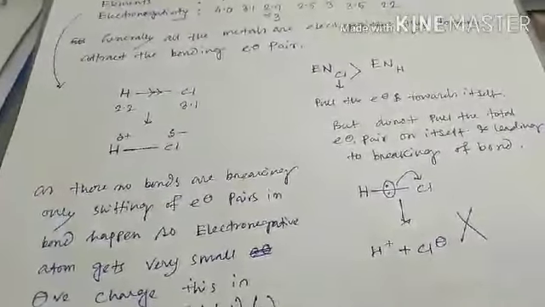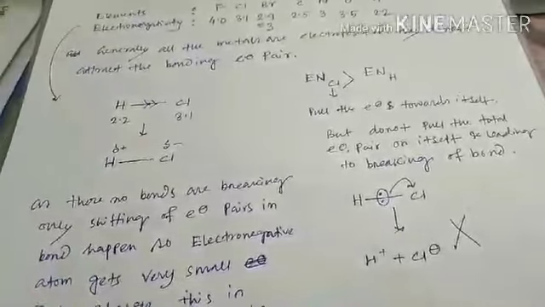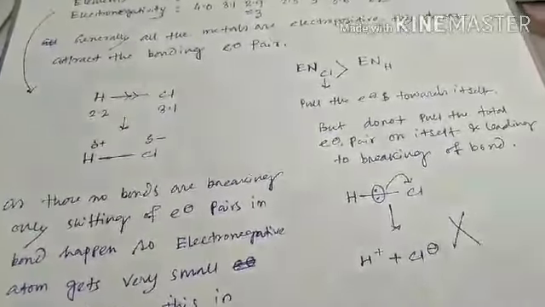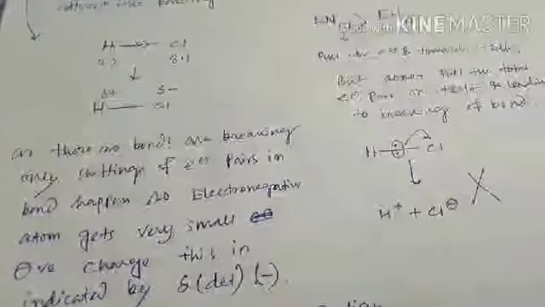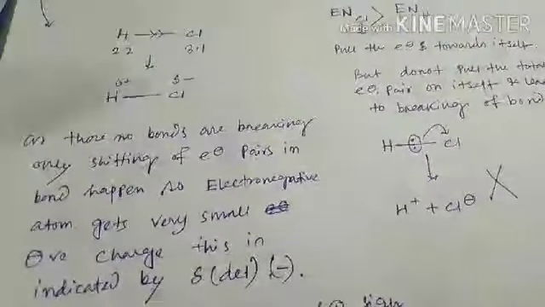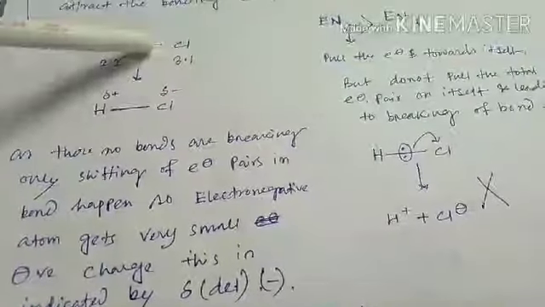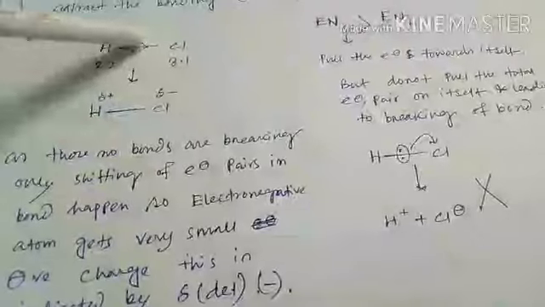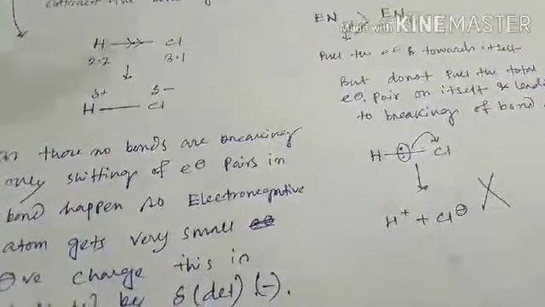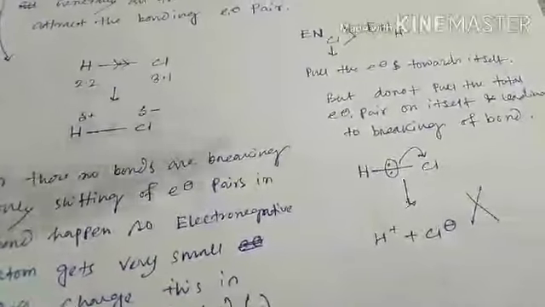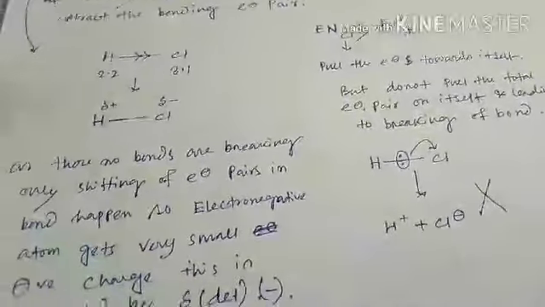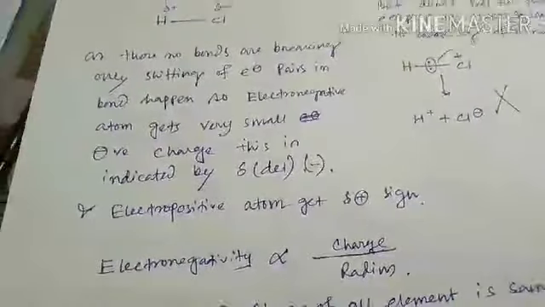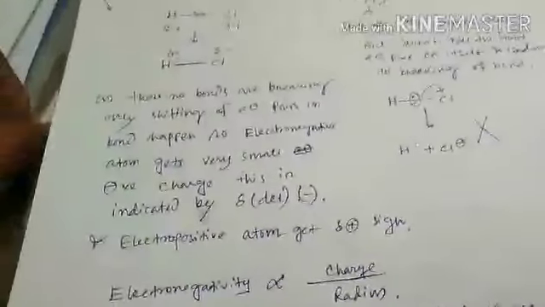As there is only shifting of the electron pair, only a very small amount of electron density moves from the hydrogen towards the chlorine, so the electron density will be slightly higher towards chlorine. That is why chlorine gets a very small negative charge, indicated by delta minus.